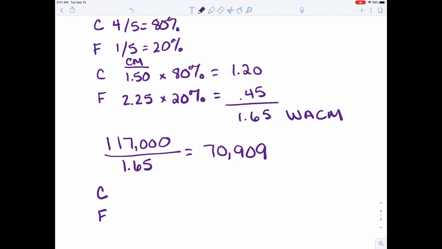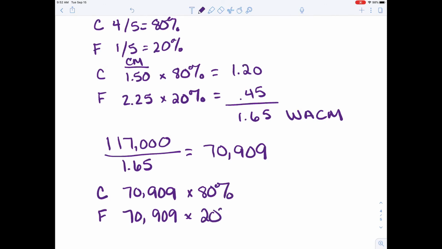I'll take that 70,909, how many units I need to sell, and I'm just going to then again multiply it by whatever that percentage was that I came up with, to figure out how many I need to sell of each unit, which is 56,727 and 14,182.